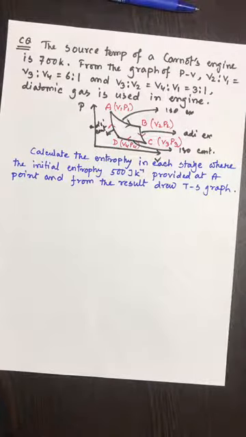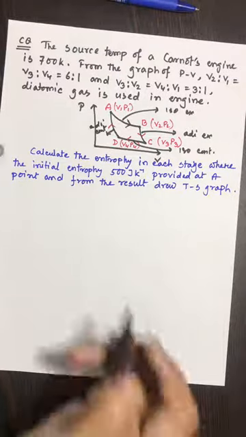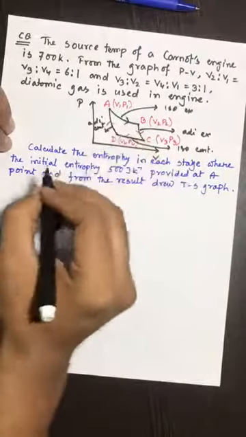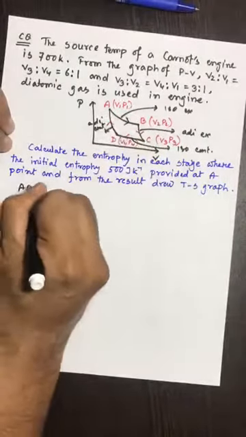If we find the entropy, we know dS equals dQ by T, so we need to find the work done in each stage. We can start from the isothermal expansion in the AB stage.